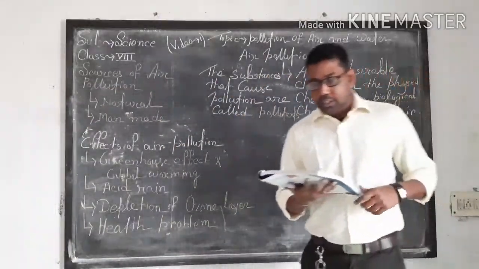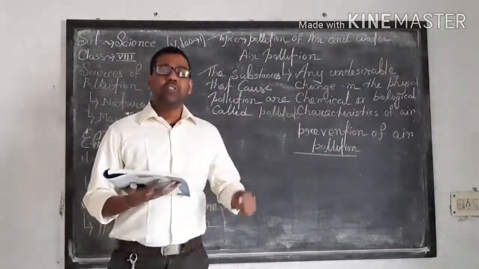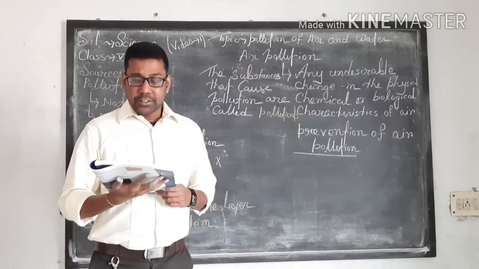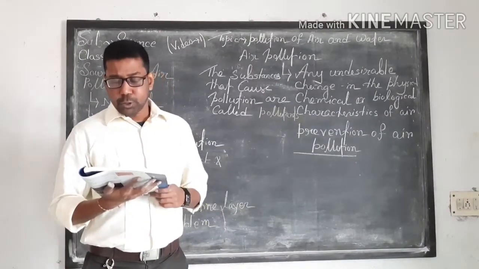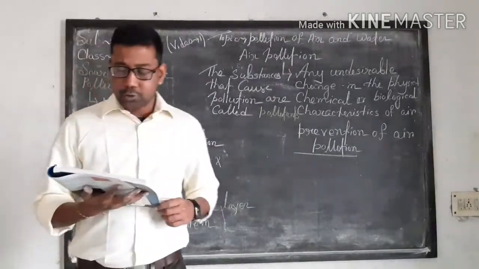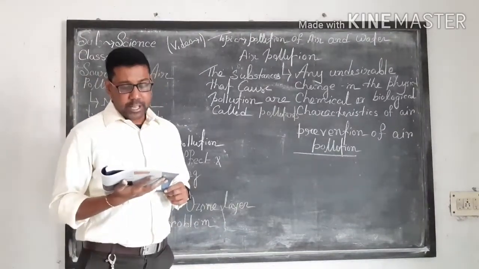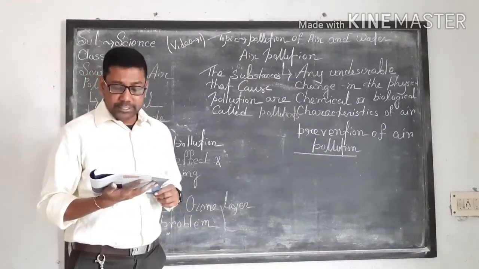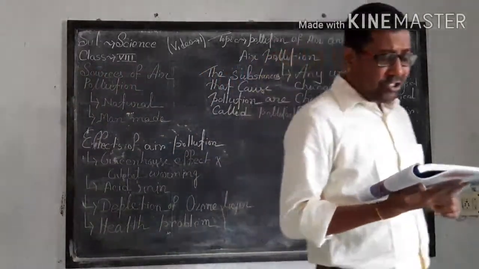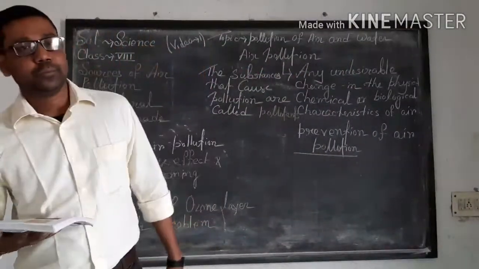The first point is the combustion of fuel like petrol and diesel in automobiles, which is a major source of air pollution, and it produces several pollutants which include nitrogen oxide, gaseous hydrocarbons and carbon monoxide, as well as large quantities of particulates, which remain suspended in air for a long time.